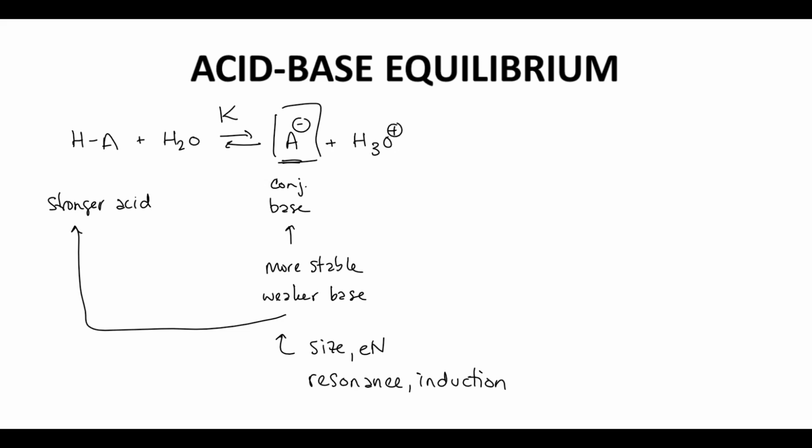Now, not all acid-base reactions look just like this. In some of them, the molecule is already protonated and has a positive charge. And this can react with water, or some base, to make a neutral conjugate base plus H3O+.